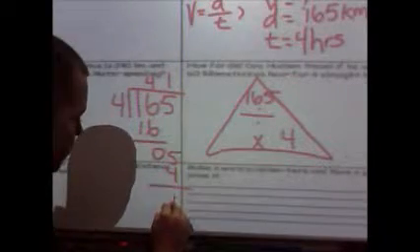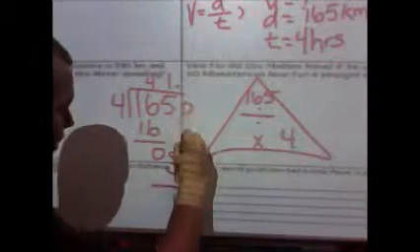Let's see. 165 divided by 4. 4 will go into 16 four times. 4 times 4 is 16. We have 0 and a 5. 4 will go into 5 one time. 4 times 1 is 4. 5 minus 4 is 1.